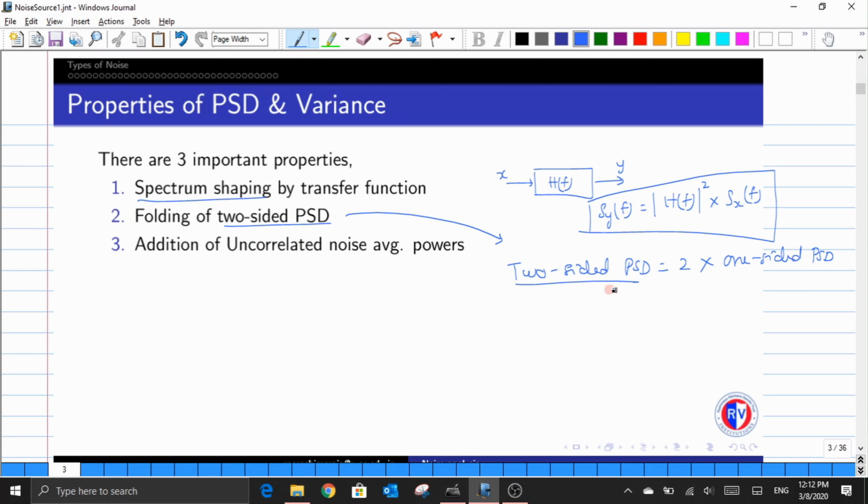Only then can we use this. We'll not use much of this property in the coming videos, but it is still worthwhile to recollect what we have discussed. And the third important property belongs to the time domain.